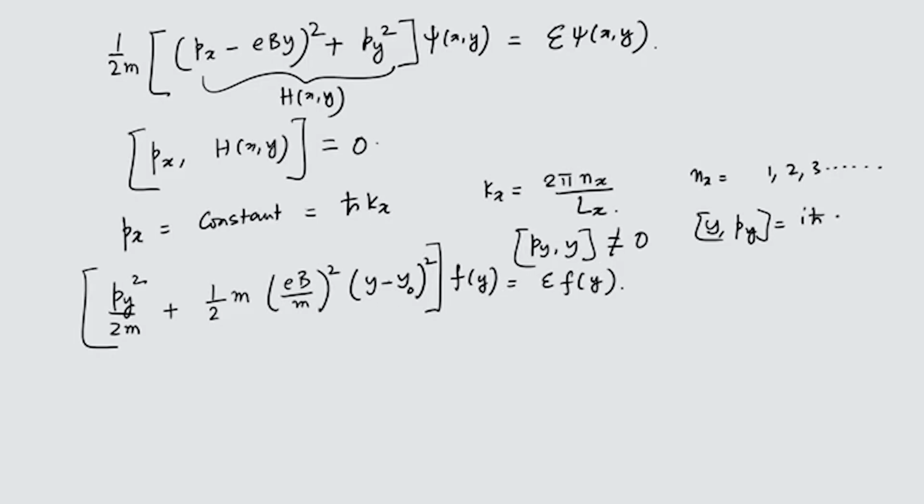And what is y0? Y0 is the constant thing which is Px over Eb, and this Px is the x component of the momentum, which I argued is constant, and of course for a given problem E and B are constants. B is the uniform field. So this y0 is actually Px by Eb, and it has a name, the magnetic length, written as Lb because it depends on B.